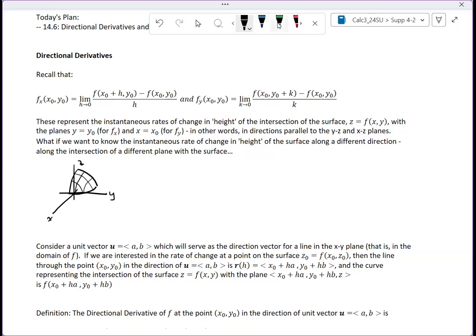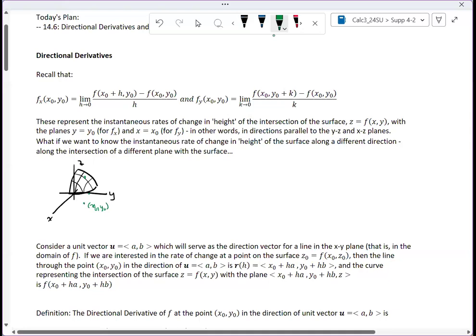And for instance, if we want to look at the partial f with respect to x, we're thinking of fixing our y coordinate, considering a point, say x naught, y naught, below the surface, and x naught, y naught, z naught on the surface. So x naught, y naught is this point down here, and on the surface is the point x naught, y naught, z naught.